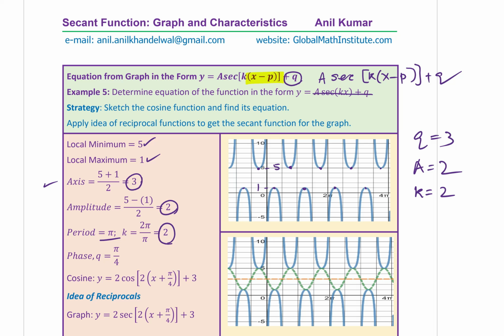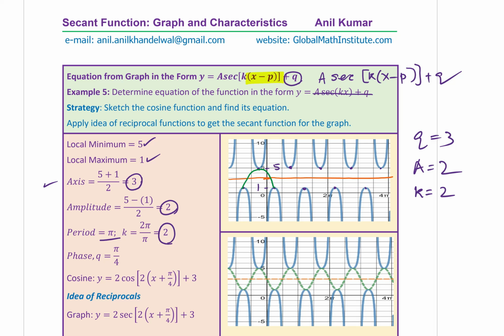Okay, let us first join these points and get our cosine function. First thing first, the axis is at 3. 1, 2, and 3. So that is the axis. Let's sketch this axis. Now for the cosine function, we have the maximum here, minimum here, right? So we can just combine these things, join them, and draw the function.